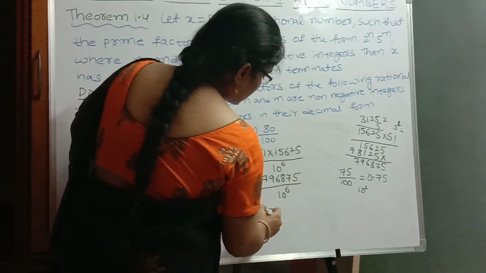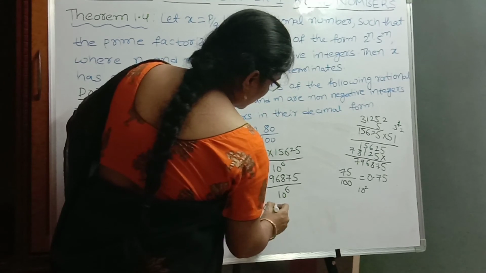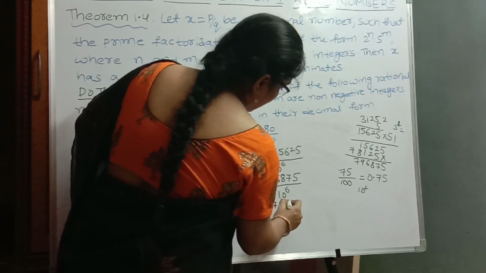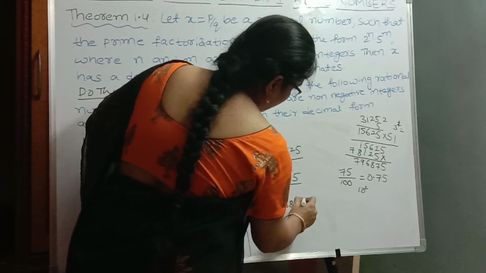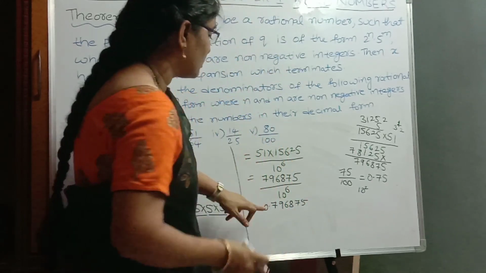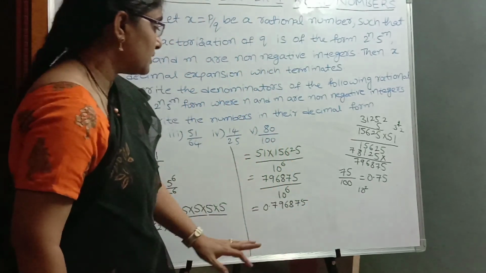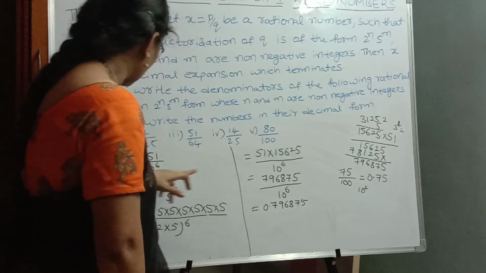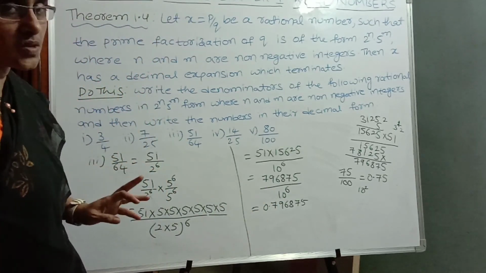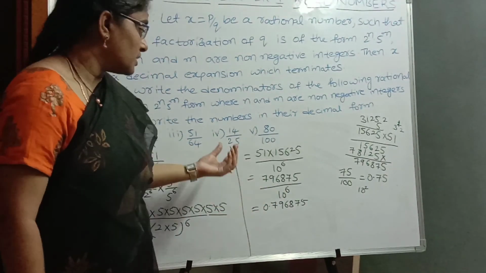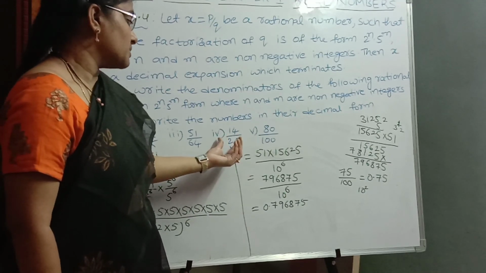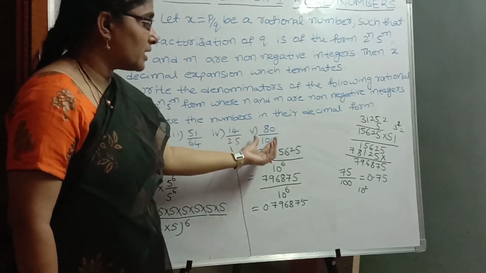In the same way, this can also be written as 0.796875. This is the decimal form of 51 by 64. In this way, do these sums: 14 by 25 and 80 by 100.